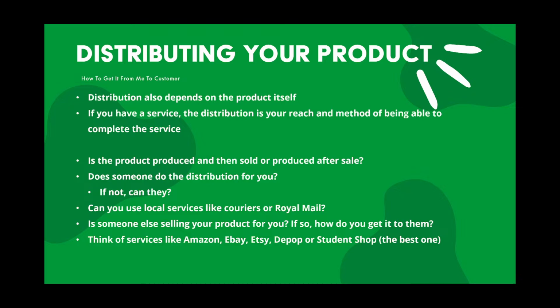So you've got to think about these things in terms of your distribution, of how desirable the distribution method is to the customer, how easy it is for you as the creator to get it to a distributor or to distribute yourself, and how much cost there is involved with the different methods.